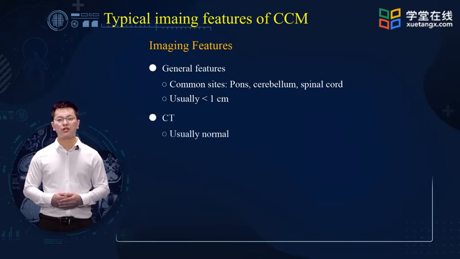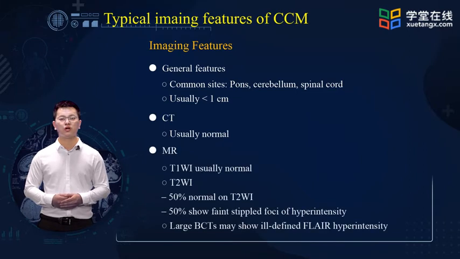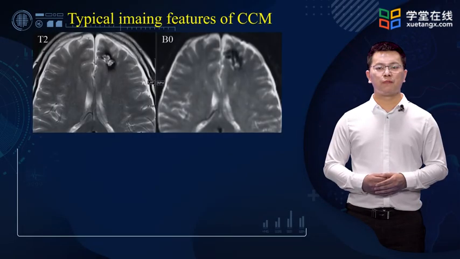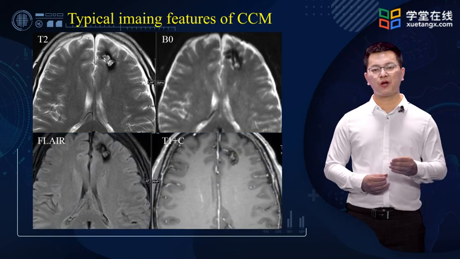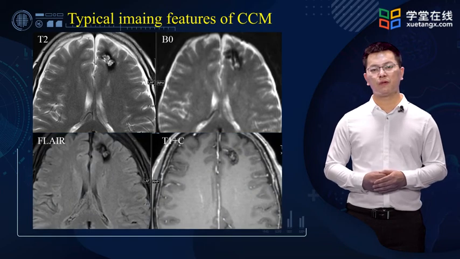On CT images, they usually show normal findings, and half of them are also normal on T1 and T2 images. About 50% of cases may show faint stippled foci of hyperintensity. Large lesions may show ill-defined FLAIR hyperintensity. A cavernous malformation in a patient is illustrated, showing classic imaging appearances of this vascular malformation.